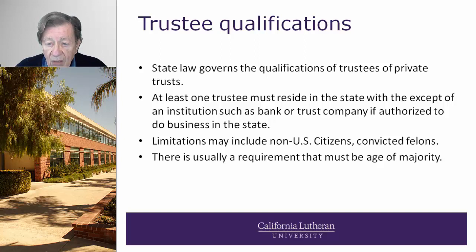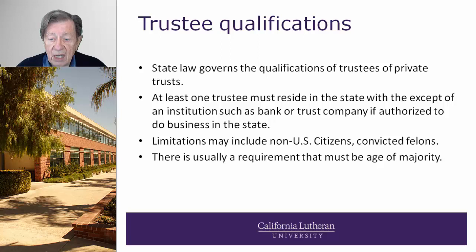Limitations, well, we are not allowed to have non-U.S. citizens handle our trust, nor can we have convicted felons. Now, that might change in the area of felons because, again, felons are beginning to get all the rights of non-felons, such as voting in many states. So I would not be surprised if soon even felons can be trustees.